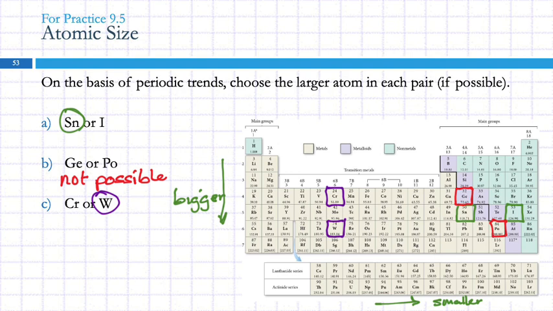We're going to learn several different periodic trends, and they either have the same trend as the size or the exact opposite. And so we'll try to reason out what's happening.